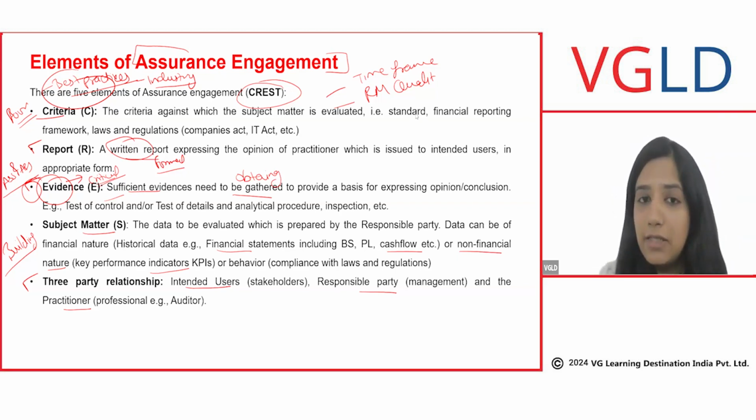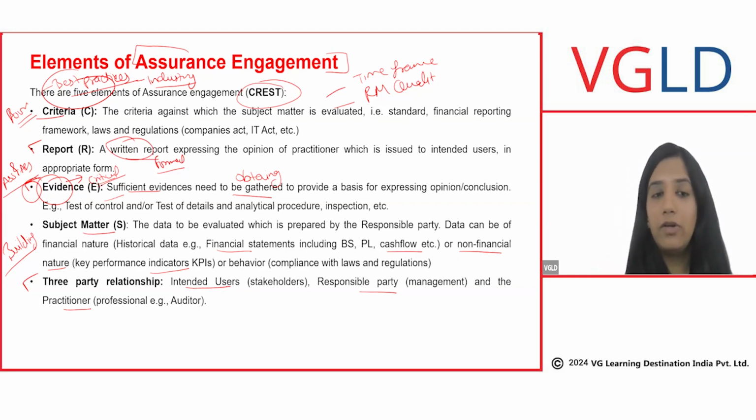So are the financial statements being prepared as per the standards? Are your IFRS, your FRF terms being followed when it comes to preparation of your financial statements? Are there a certain amount of disclosures being given which your FRF requires to be disclosed?